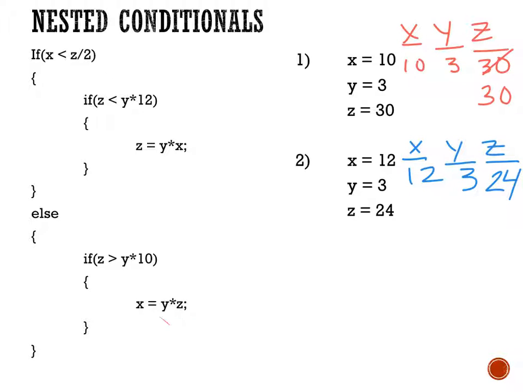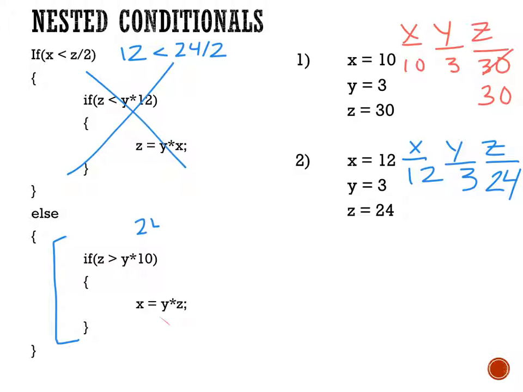Now from here I go through the same code. So I have, okay, X is less than 24 divided by 2. Well, I know 12 is not less than 12, so I'm going to skip this code and come down into the else section. And then here, okay, I have 24 is greater than 3 times 10.